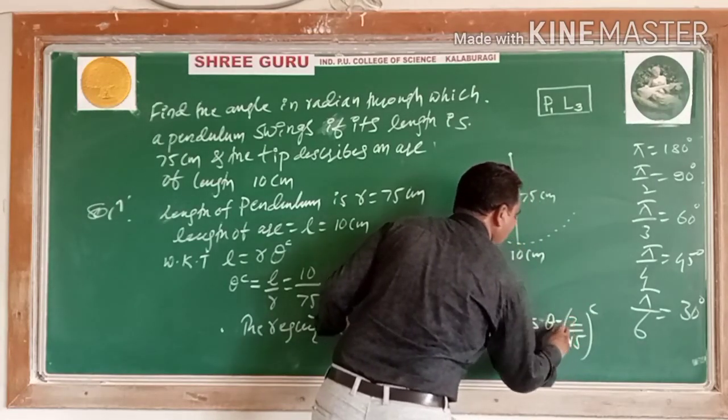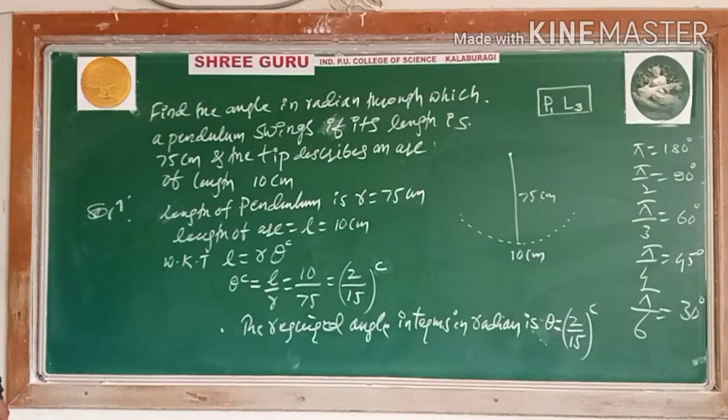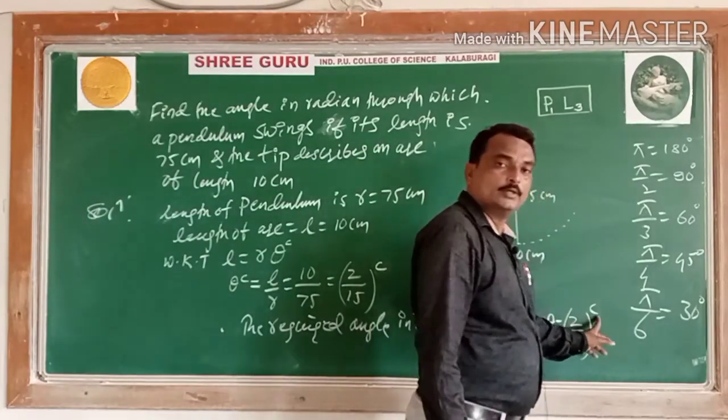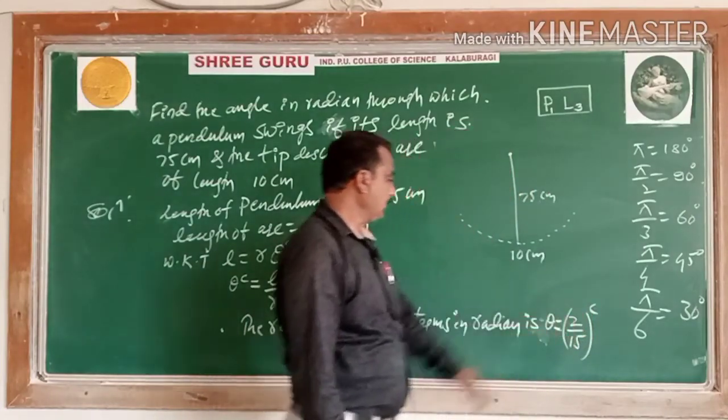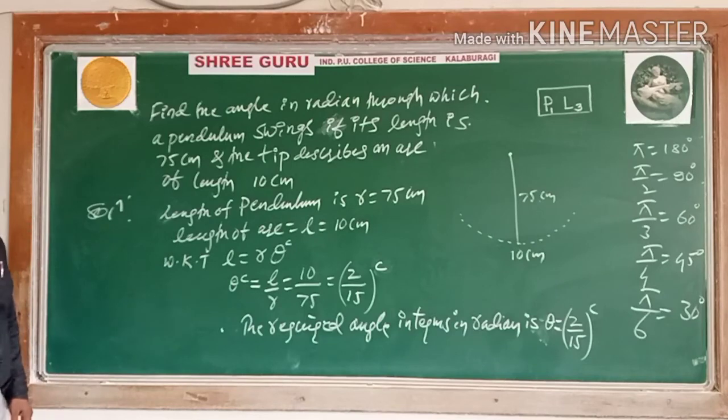In one example we calculated 11 by 16 and converted it in terms of degree measure. So this is theta is equal to 2 by 15 radian.